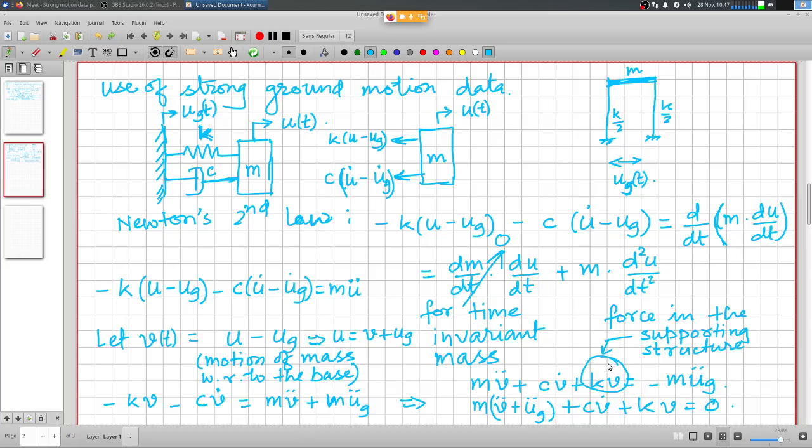What is the maximum force expected in the supporting structure, the structure that I am trying to design, what is the maximum force that is coming onto it, then I can design the system and provide adequate capacities into that. Now this maximum force, obviously for a given k, will depend on the maximum deformation v max, right? Or it will also be equal to the maximum total acceleration of the mass multiplied by the mass itself, because this term is usually very small.